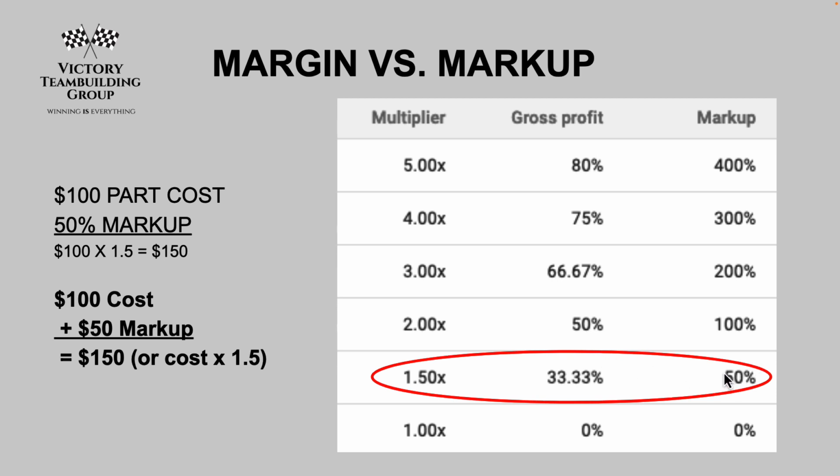If I'm the service advisor saying 50% markup, and the owner's saying, I want you to work on getting at least 50% margin, that person doesn't understand the difference, and you're going to be losing out on big money. So let's move on here.